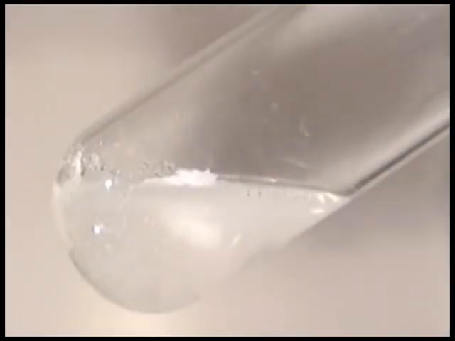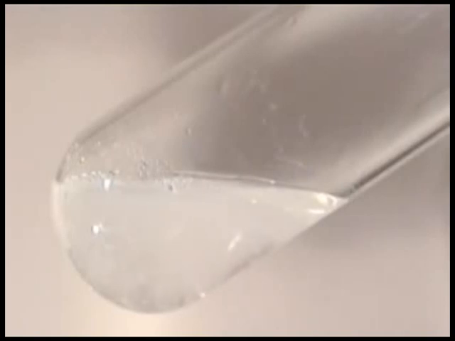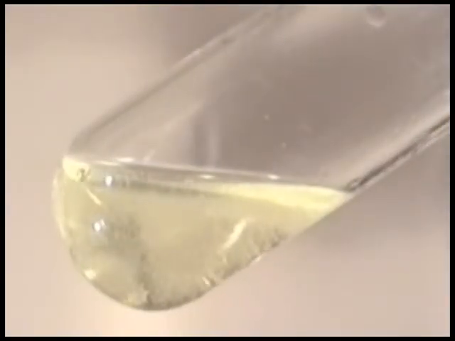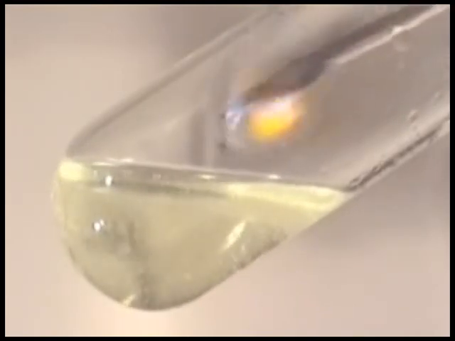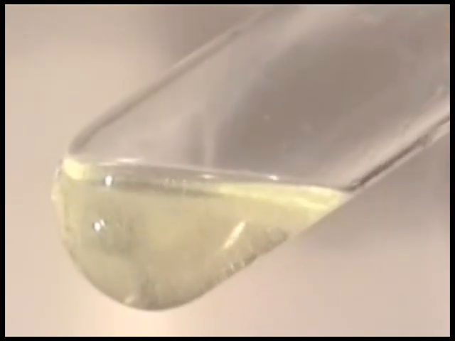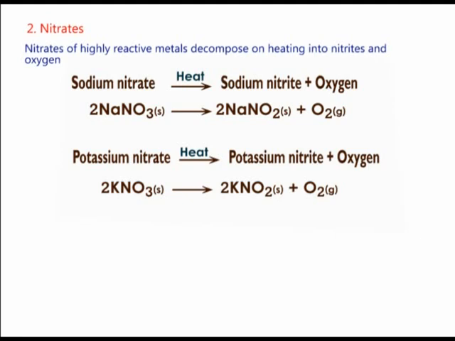On further heating, effervescence is seen and a glowing splint relights in the boiling tube. And so, potassium and sodium nitrates decompose to form oxygen and a white residue, which is potassium and sodium nitrite respectively.